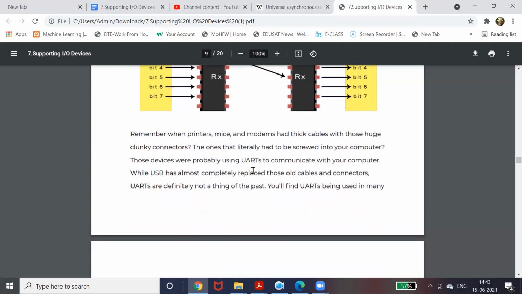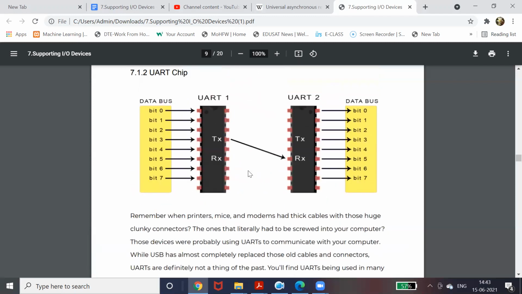In the old days, if you have seen printers, mice, some modems, they had thick cables and heavy connectors. These were using the serial type of connection, that may be UART chips.